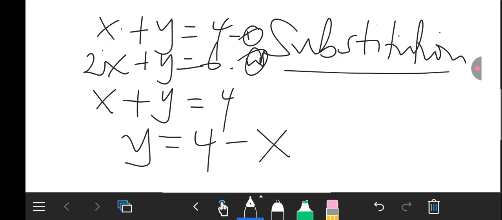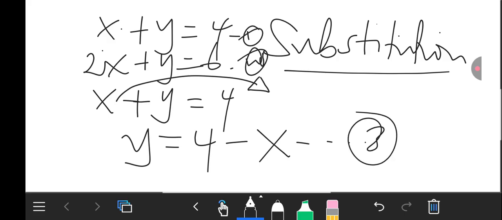So this 4 will go to the other side, so it will be 4 minus x. Because this 4 is positive, we find the additive inverse. In short, if it is positive, then it will be negative. So we've made y the subject of the formula. This will be our equation 3.